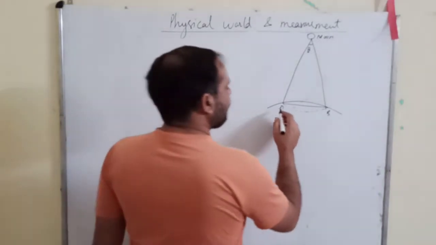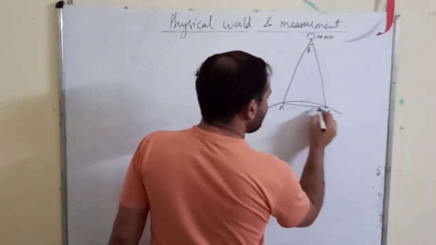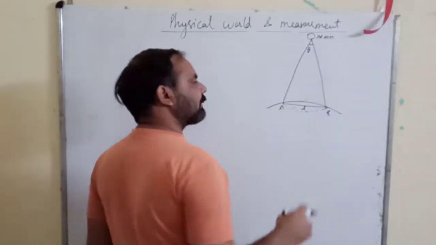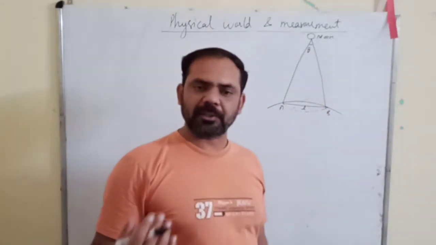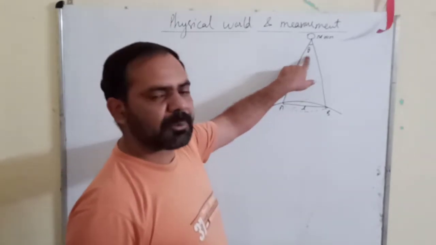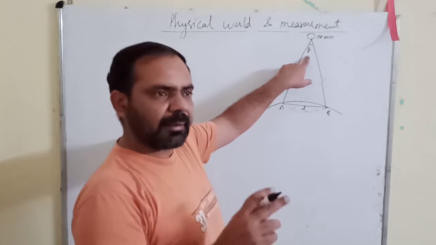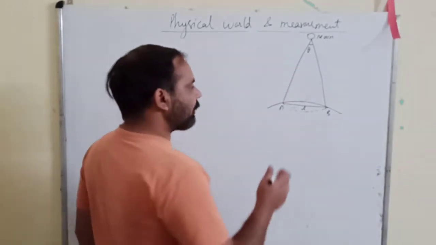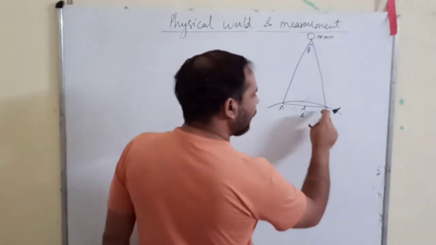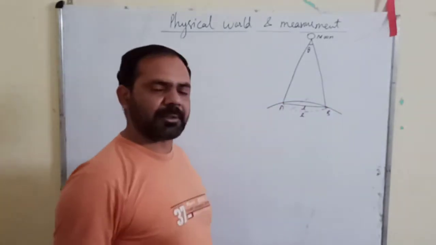Now suppose this distance is L. I told you earlier also that since these heavenly bodies are at a large distance from Earth, in those cases this angle theta becomes very small, and when this angle theta becomes very small, then you can replace this length by this length, meaning the length of the arc becomes the shortest distance itself.